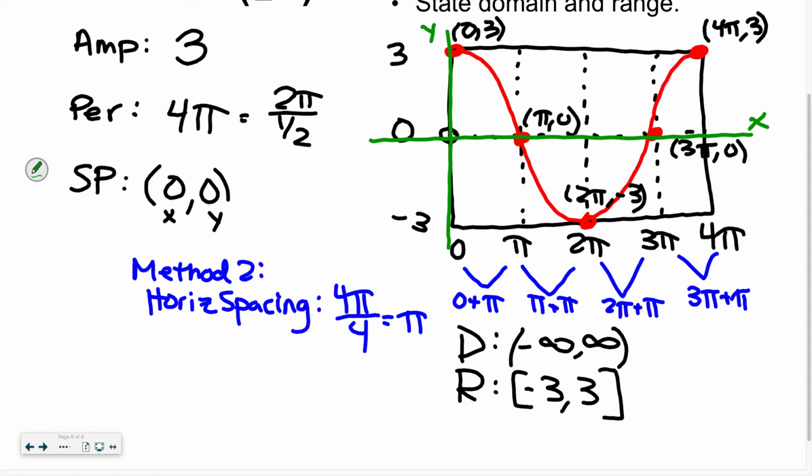So I will do my whole cosine graph just in 2 pi, where this one took 4 pi. So my graph of the parent function of cosine probably looks something like that. And I could get another one in there, because that one takes twice as long.